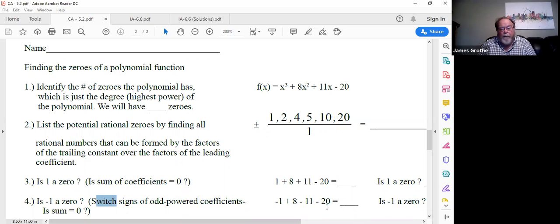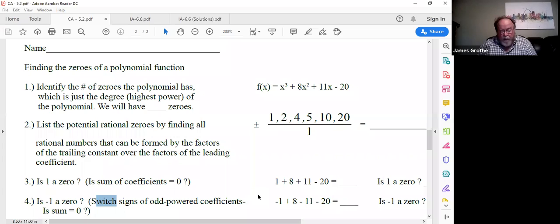Notice when we add those up, we end up with negative 24. Negative 1 plus 8 is 7, 7 minus 11 is negative 4, negative 4 minus 20, negative 24. So that tells me negative 1 is not going to be a zero. But remember, 1 will be, and we're going to come back to that in a second.